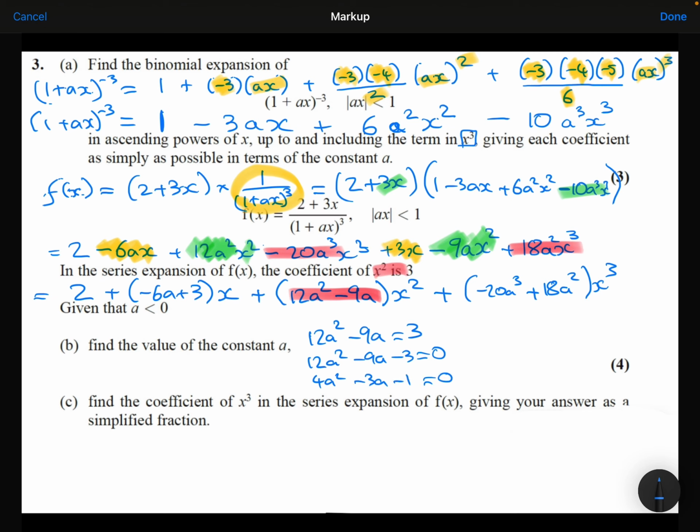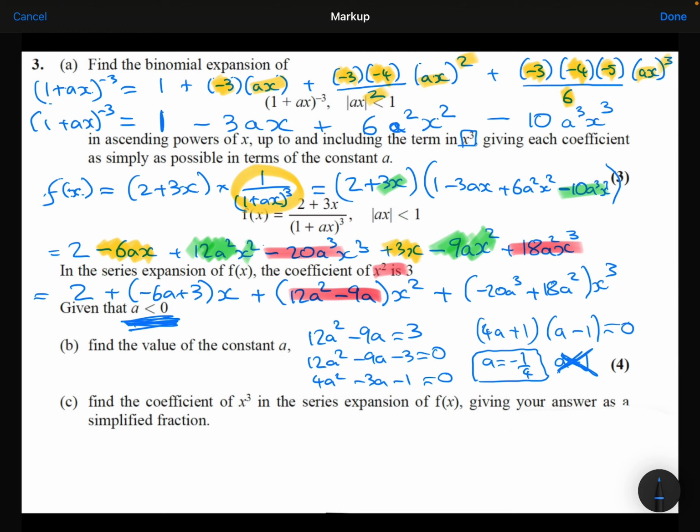And we can factorise and solve this. So (4a + 1)(a − 1). So either a is minus 1/4 or a is 1. But we were told that a is negative, less than 0. So this is my answer for a, and not the plus 1.